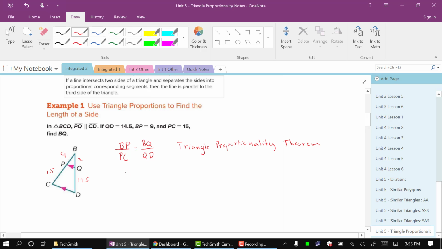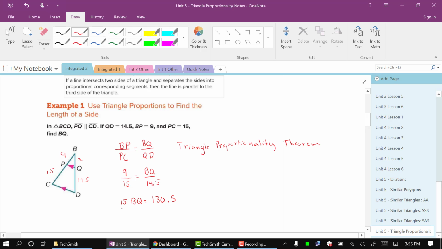Now we can sub in what we know. So we know this is 9. We know this is 15. We don't know what BQ is. That's our unknown. And we know that this is 14.5. So I'm going to cross multiply these. So 15 times BQ. If you want to replace BQ with X, you can. 9 times 14.5 is going to give you 130.5.